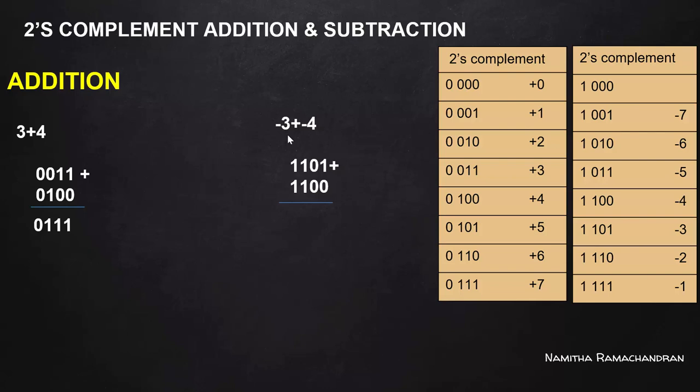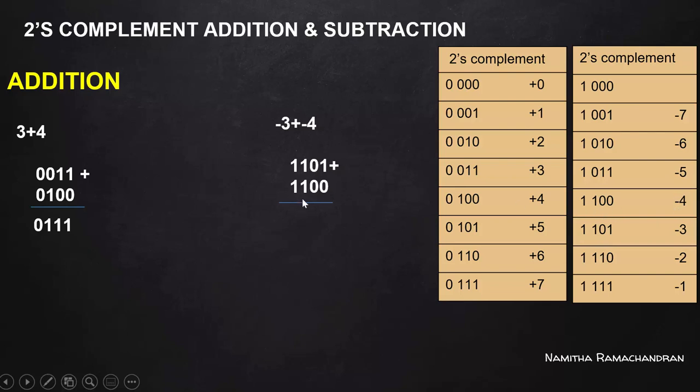Then it generates the 2's complement representation of minus 3. Following that method, we can generate the 2's complement representation of negative numbers. No need to remember this table. For the explanation, now we can use this table. Minus 3, this is the 2's complement representation; minus 4, this is the representation.